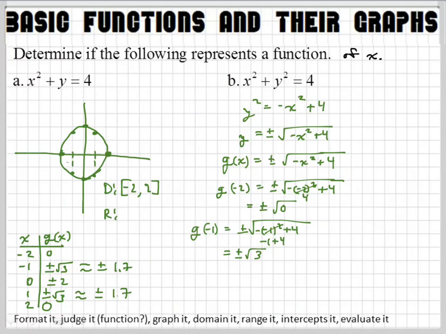For the range, it's just the opposite way, but still it's -2 and +2. Not opposite way, but it's up and down instead of left and right. So we have -2 to +2. And that's domain and range for a function that looks like this. It's kind of neat. I like it. Hope it helps.